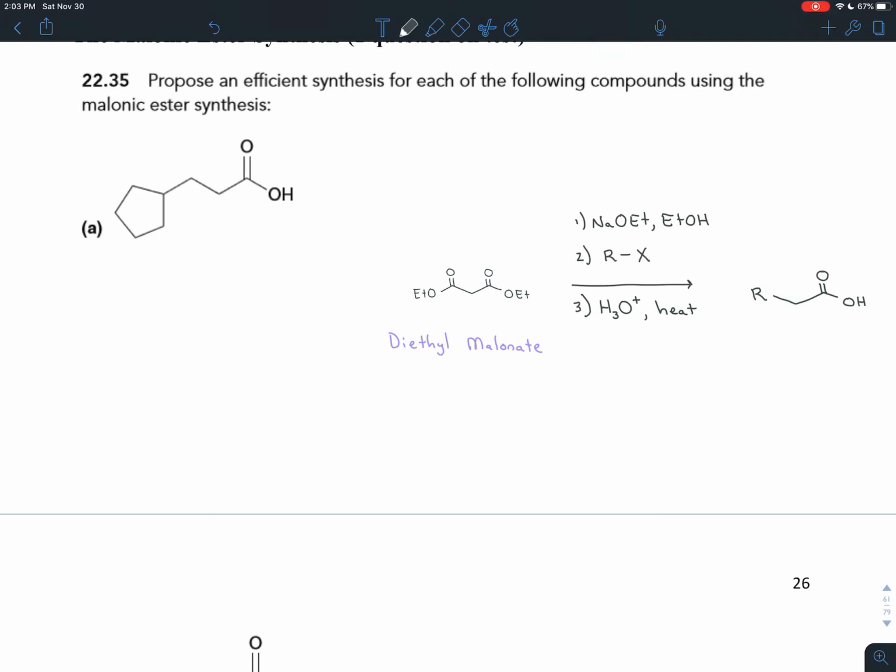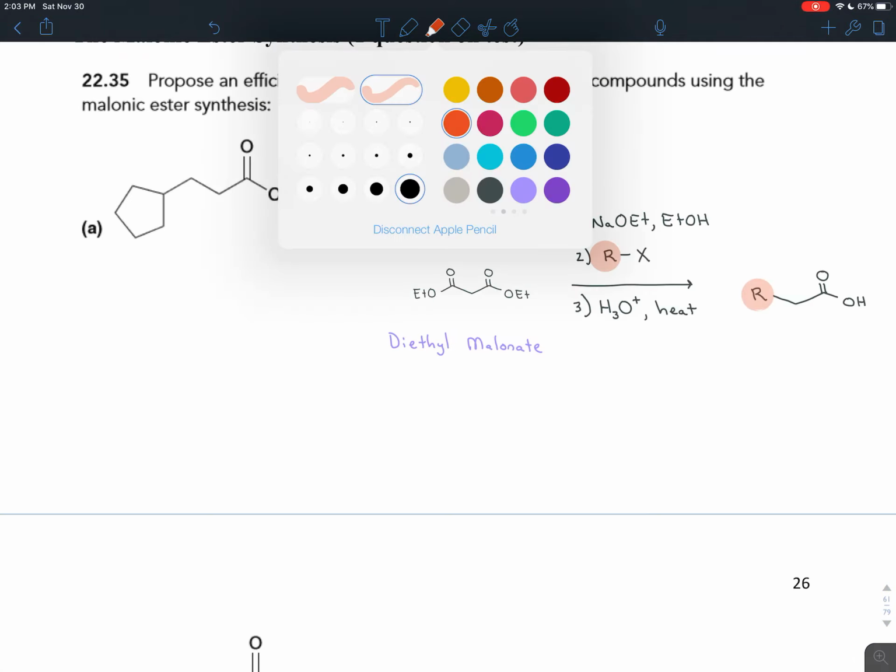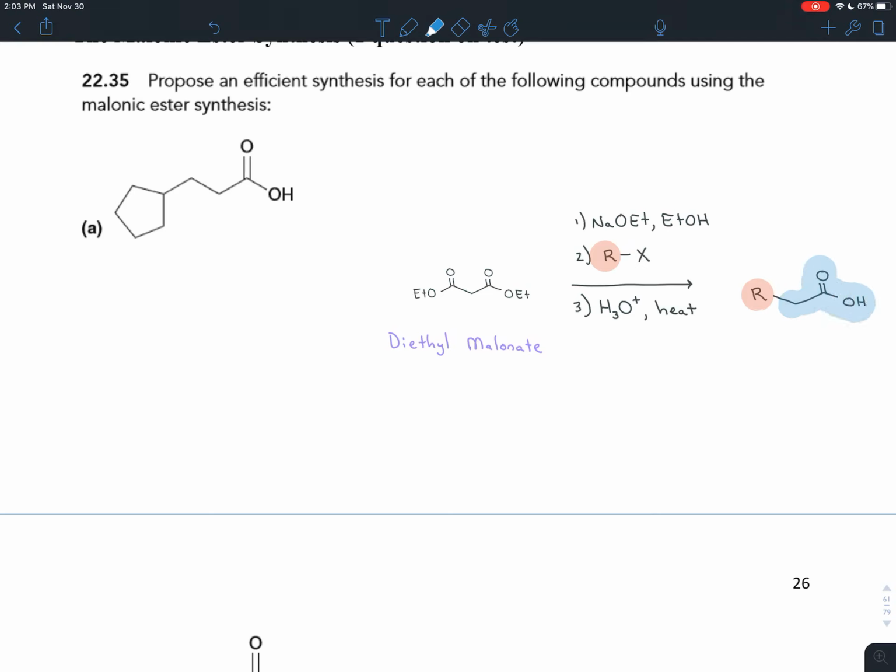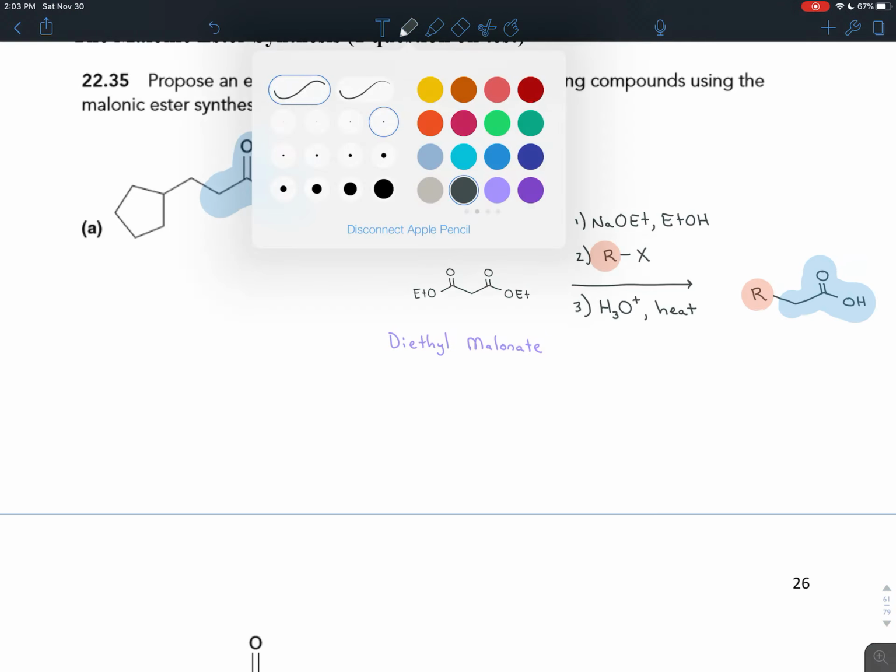Okay, well, you see that what you add, if you have this alkyl group, what you add onto it are 2 carbons and a carboxylic acid. So in the original molecule, highlight the carboxylic acid and the carbon next to it. That's the group that you're going to be adding. And then erase those.